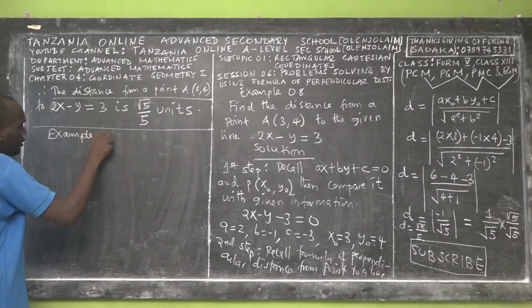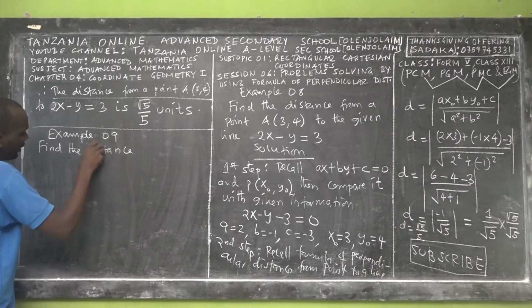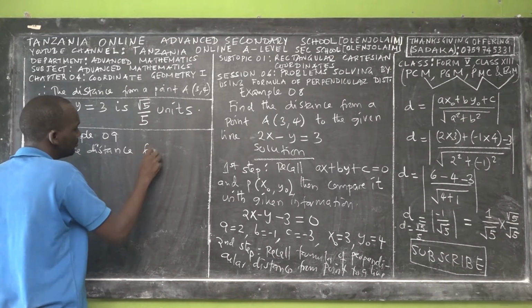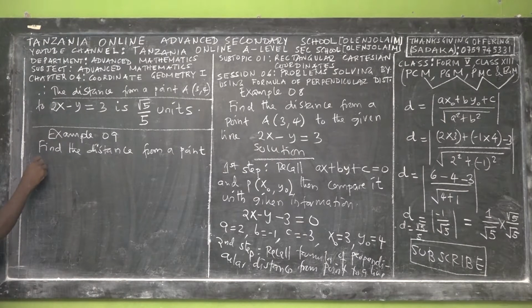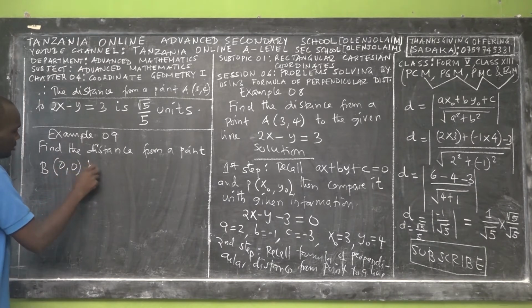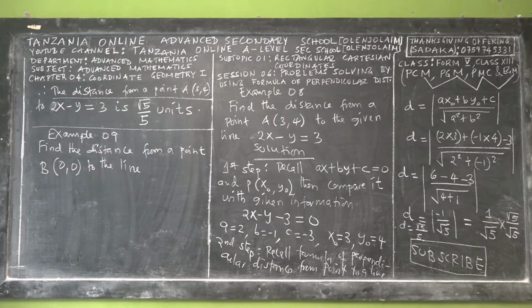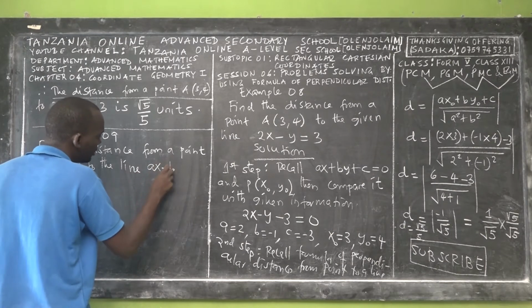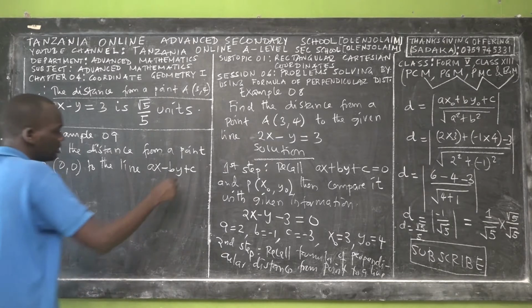Then we go for example 9. Find the distance from point B, which is (0, 0), to the line ax minus by plus c is equal to 0.